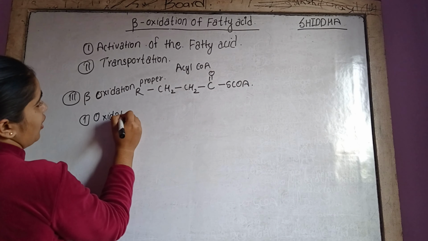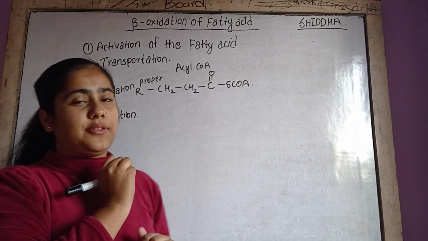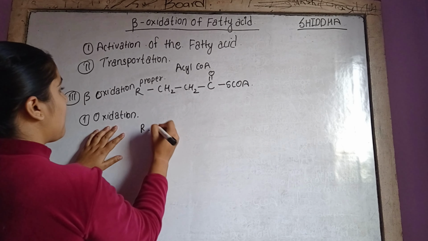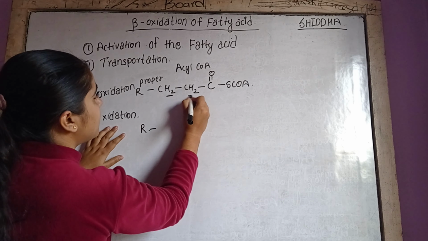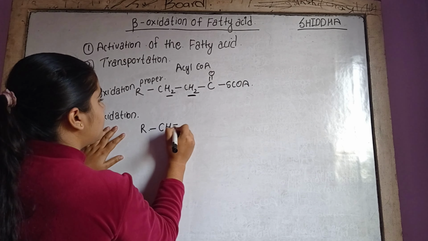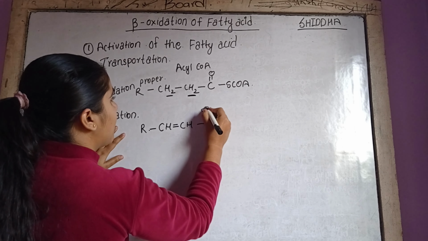We all know that oxidation means the removal of hydrogen. So here one hydrogen from here and one hydrogen from here are removed. That means a double bond will be formed here and we will get a compound like this.